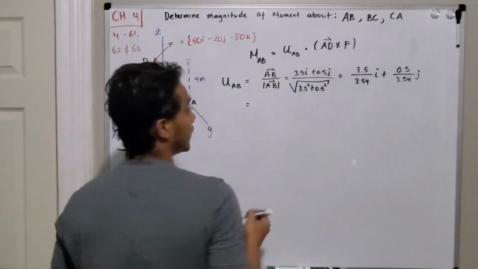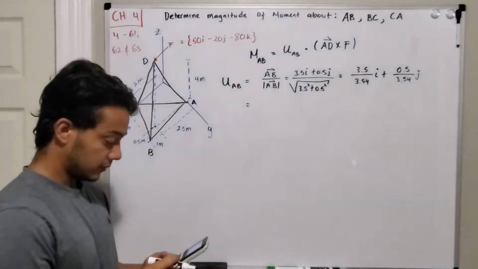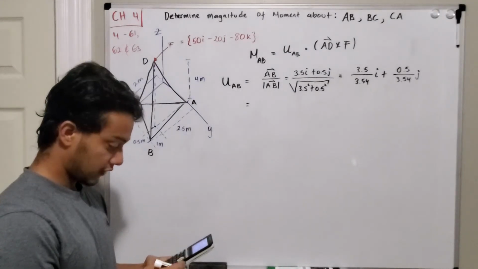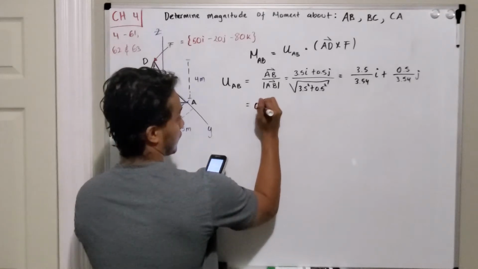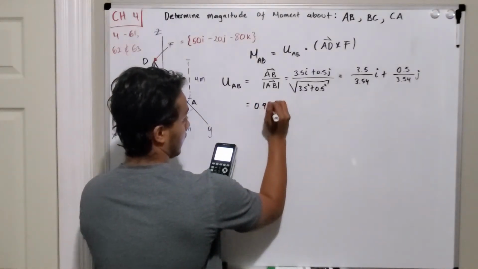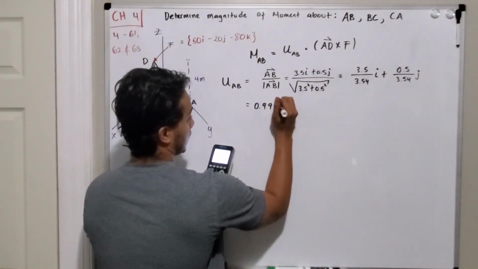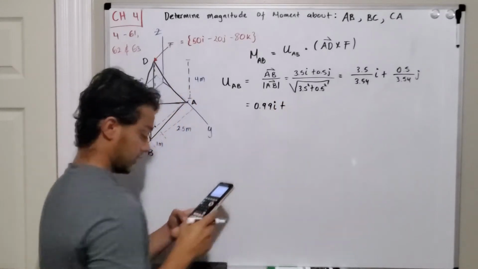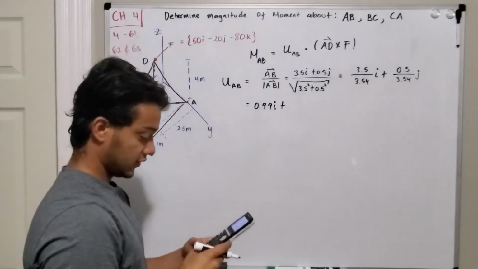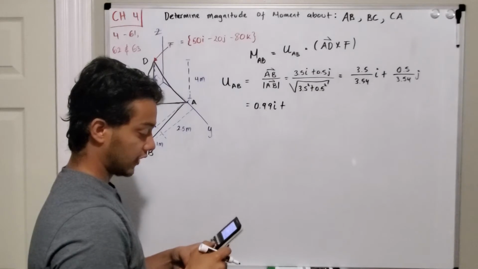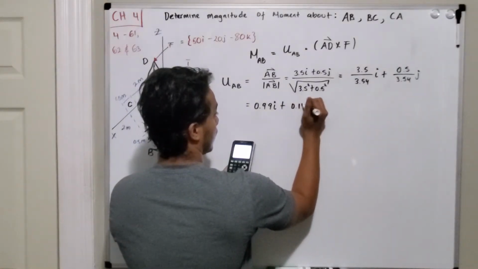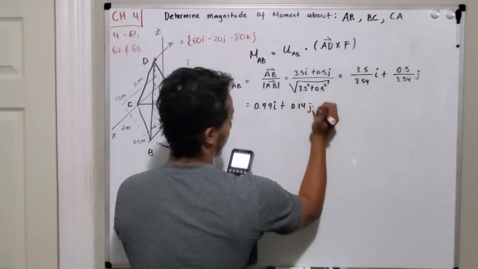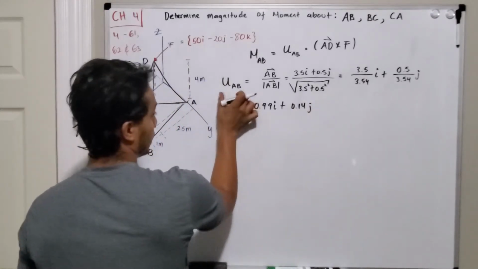If we do them in decimal, 3.5 divided by 3.54 is equal to 0.99 in the I direction, plus 0.5 divided by 3.54, which is equal to 0.14 in the J direction, okay? So we're good with the unit vector.